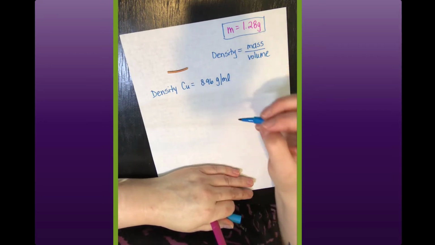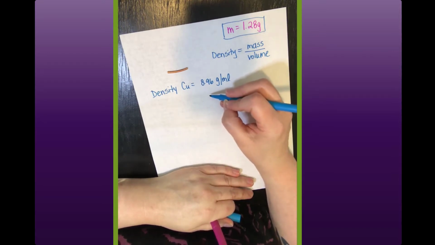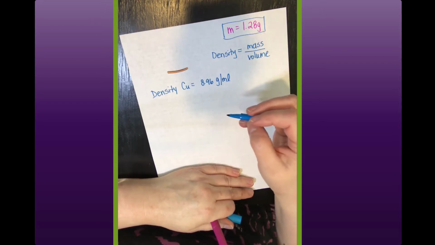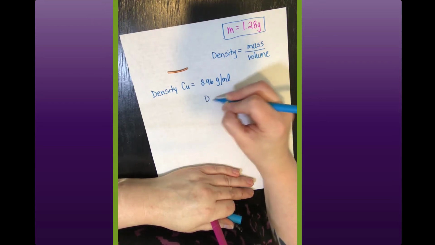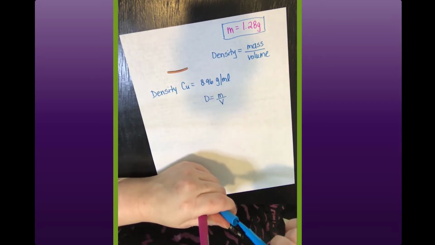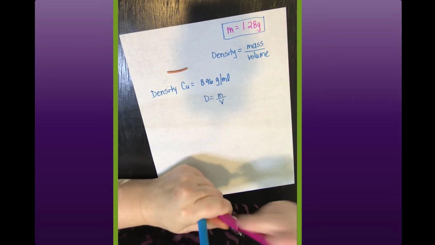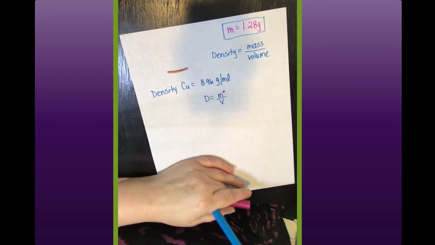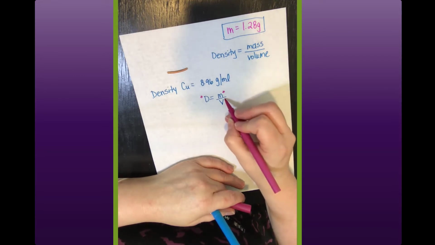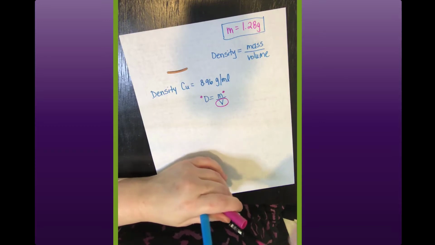In physics and in algebra, you learned how to rearrange equations so that you can solve for the different variables in that equation. So density equals mass divided by volume. We measured the mass. We looked up the density. And the volume is what we're trying to calculate.